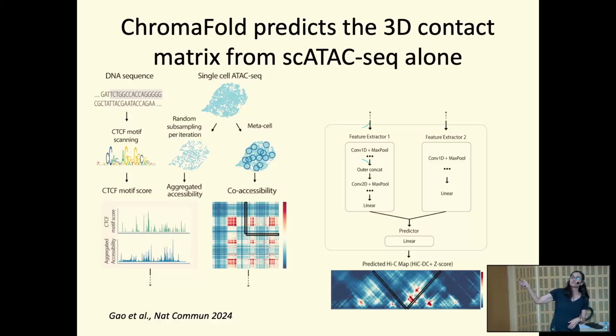And then it's a convolutional neural network, okay? So we are taking this information, we have a feature extractor, there's a kind of outer tensor, and then we also take this co-accessibility, we combine the two feature extractors, and we're predicting this V stripe. So along the genome, at 10 kb resolution, all the interactions forward and reverse in the genome up to 2 megabases.